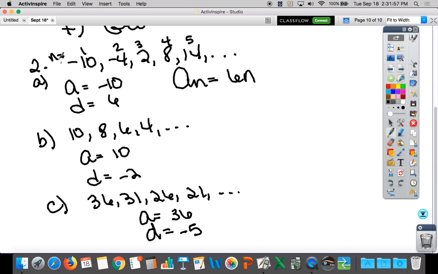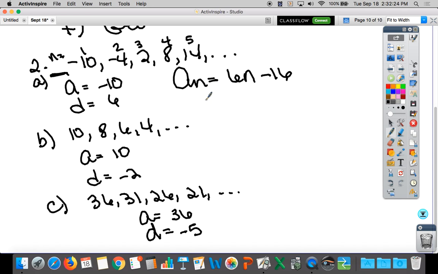What would this have to be so that when I add 6, it becomes negative 10? Negative 16. That's the formula. Now I'm going to show you 2 other ways to get it. If you didn't understand that, you can always take it to 0. This is your first term. What would this have to be so that when I added 6, I got negative 10? Negative 16.